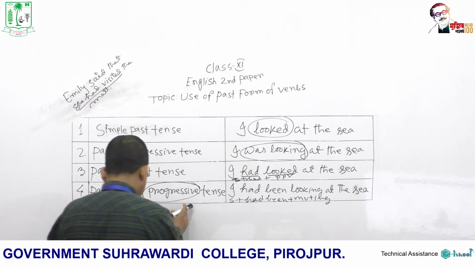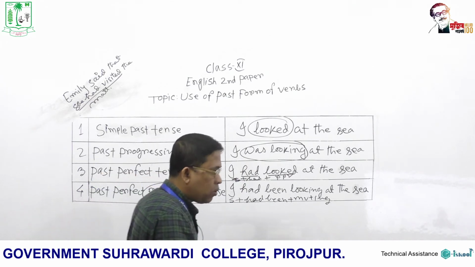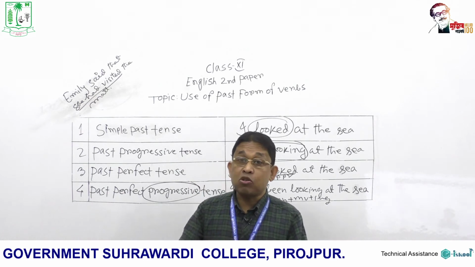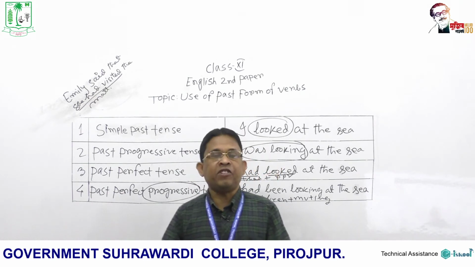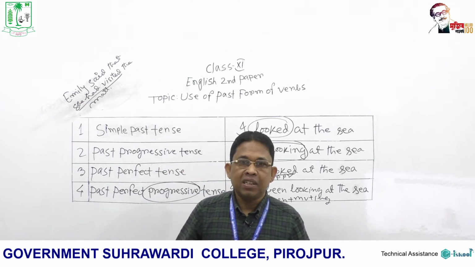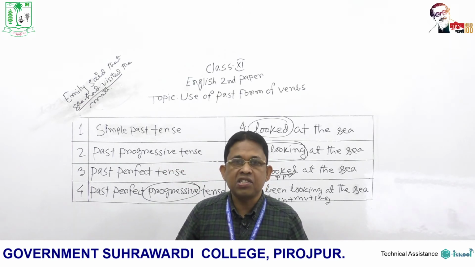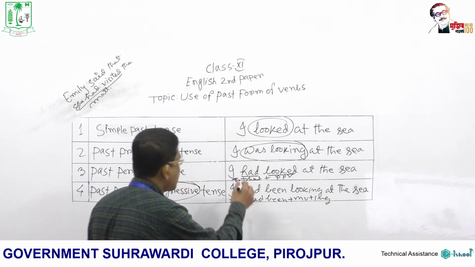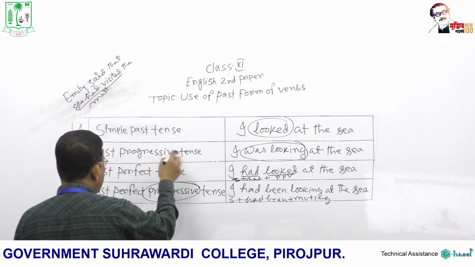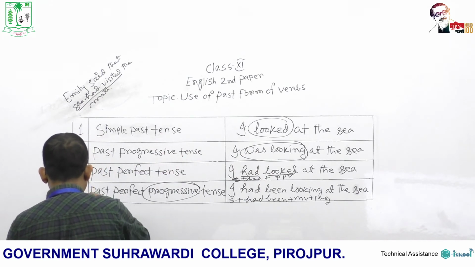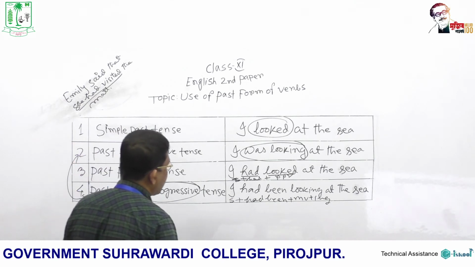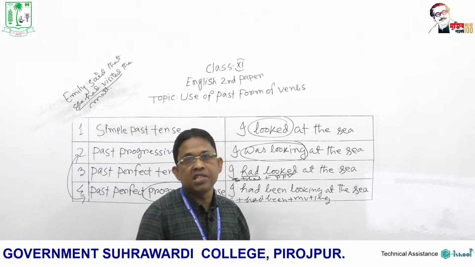Here, past perfect progressive tense also indicates an ongoing action of the past that would be completed at a definite point of time. This is the difference between past progressive tense and past perfect progressive tense: the difference is in duration.